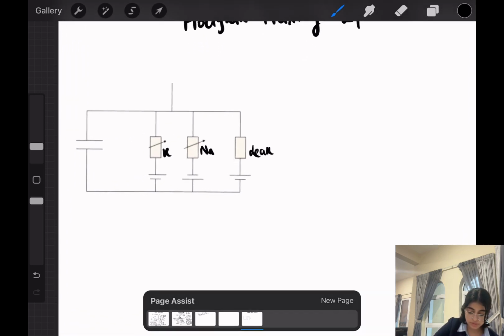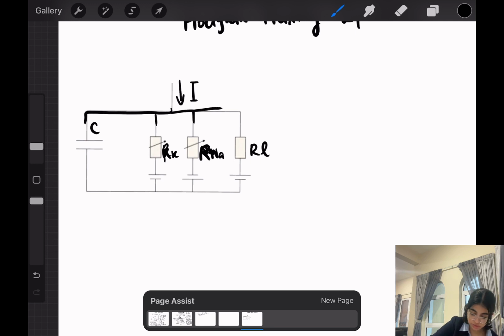And since these are resistors, these can be described as RK, RNa and RL. And this is the capacitor, and current was inserted and was distributed along the circuit.